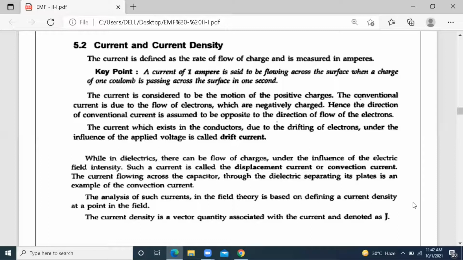Oh, so it's the current that managed to make it across the space, the dielectric between them. Exactly. So that is your displacement current.